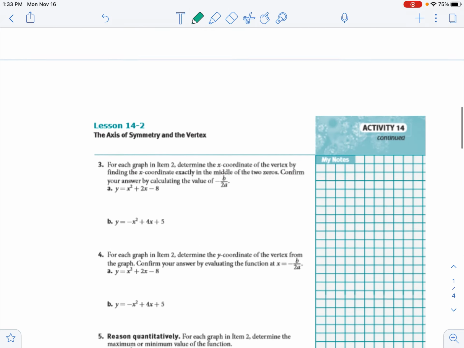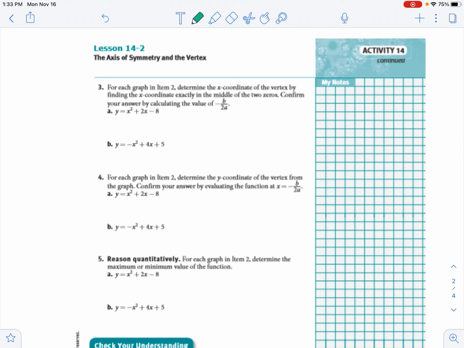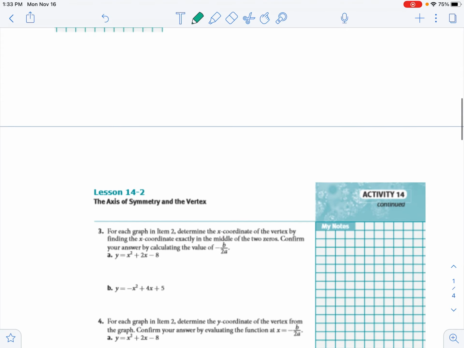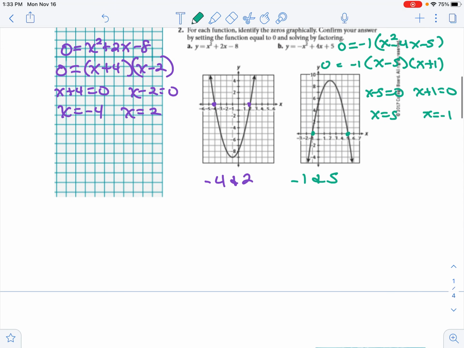Now, for each graph in item 2, we want to determine the x-coordinate of the vertex by finding the x-coordinate exactly in the middle of the other two zeros. Well, the x-coordinate of the vertex should be on the line of symmetry. If we look at that line of symmetry that goes through the vertex, that x value is at negative 1.